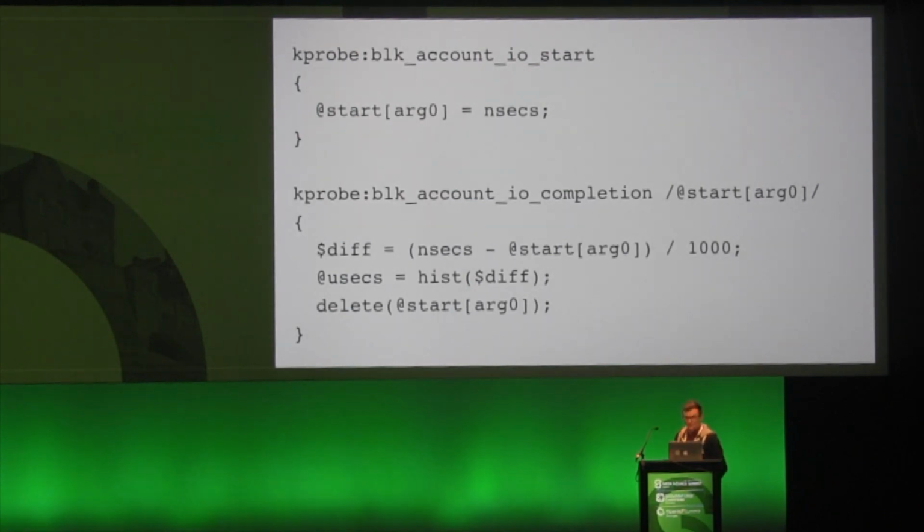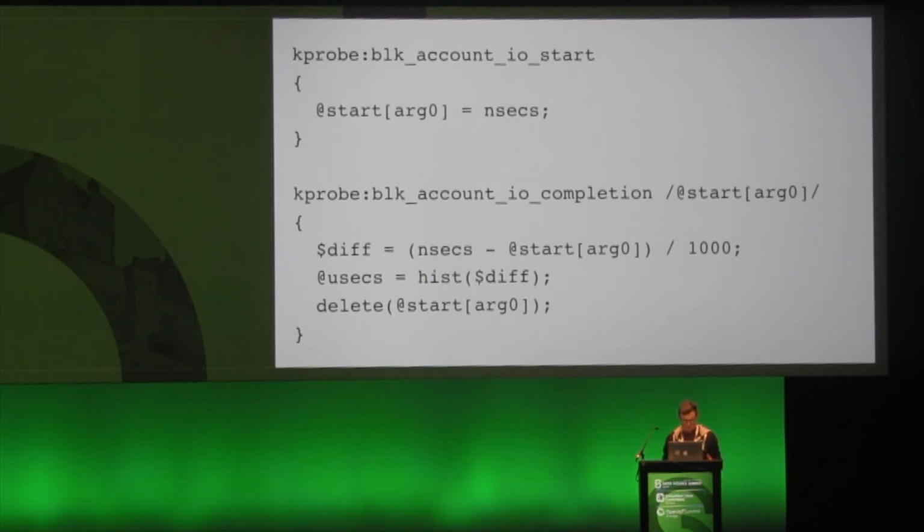Okay, here's a slightly more complicated example. I actually took this out of a pre-written tool that was included in the BPFtrace repository. This tool is called biolatency, and what it does is display a histogram of the latency of each block I/O operation happening on our computer.